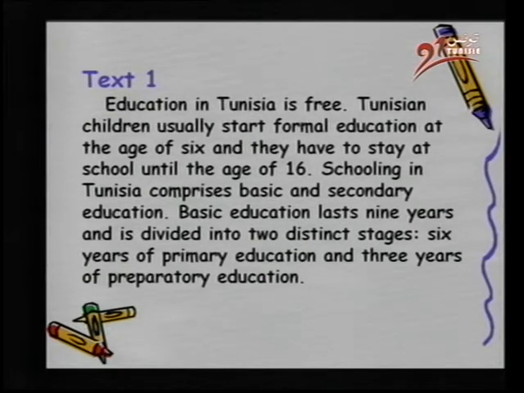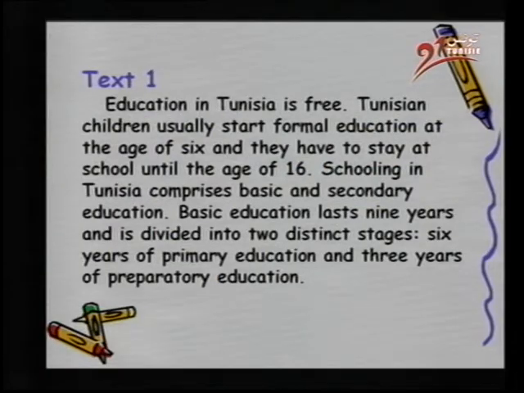Basic education lasts 9 years and is divided into 2 distinct stages: 6 years of primary education and 3 years of preparatory education. So have a look at the text before we move on to the exercises.